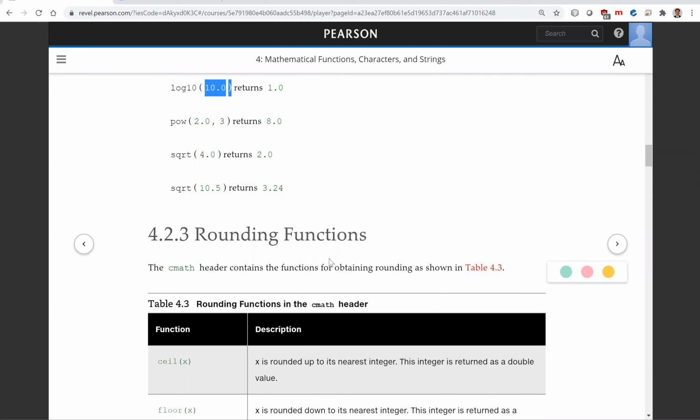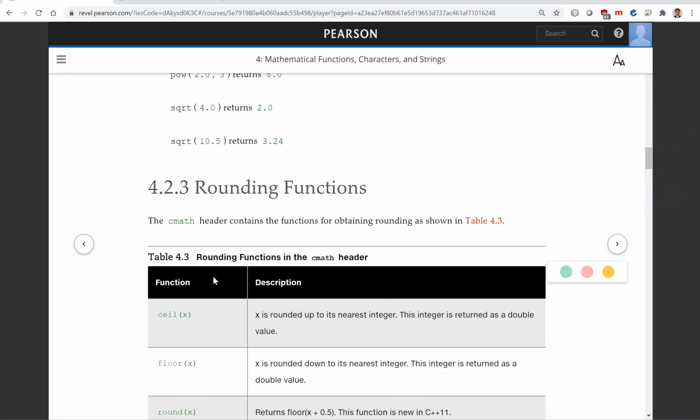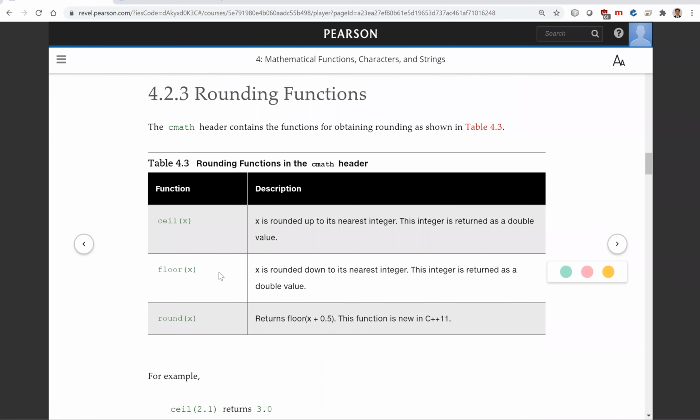Rounding functions. Rounding functions are defined in the cmath header file. ceil(x) rounds x up to its nearest integer. floor(x) rounds x down to its nearest integer. round(x) rounds x to the nearest integer.